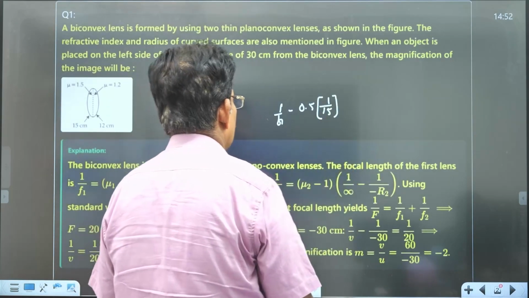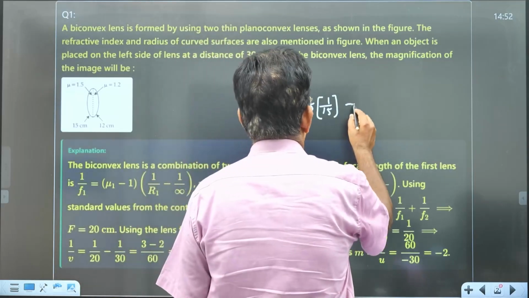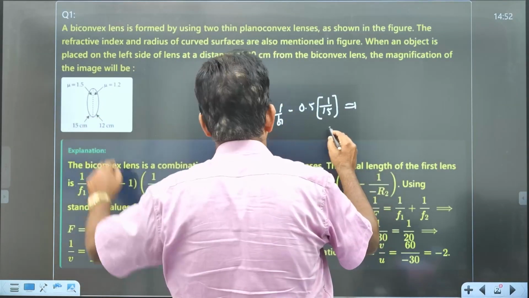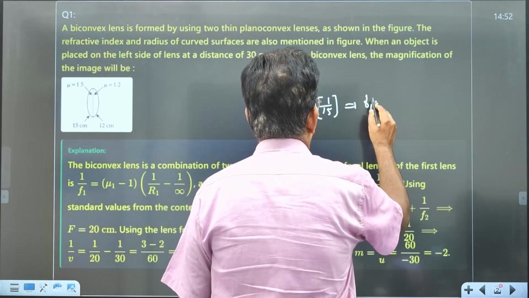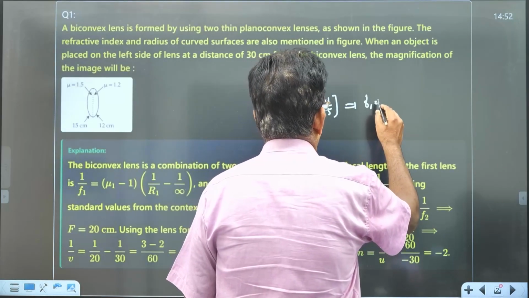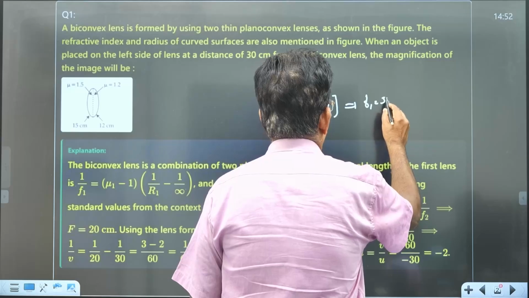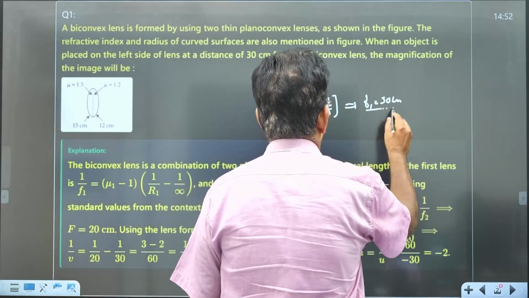Because the plane surface has infinite radius, f1 is equal to 15 by 0.5, that is equal to 30 centimeter.